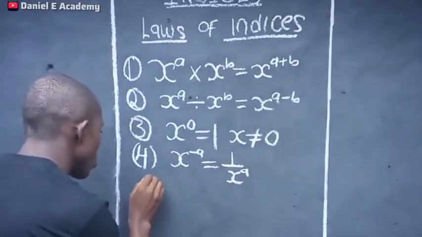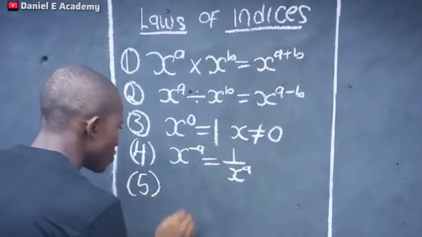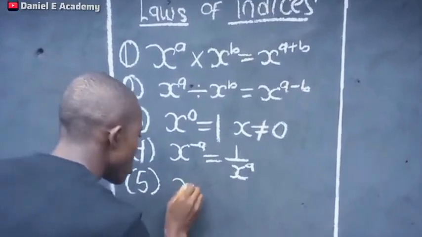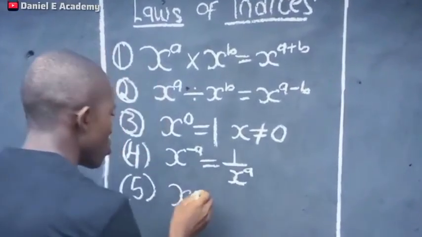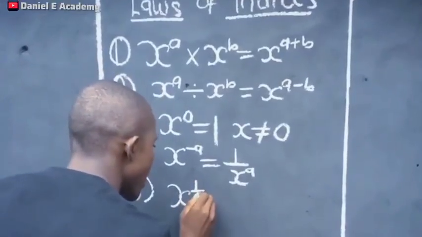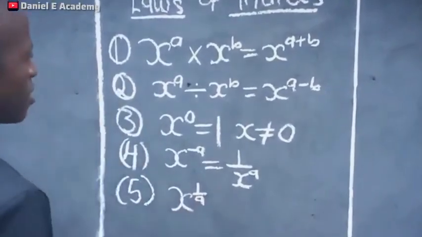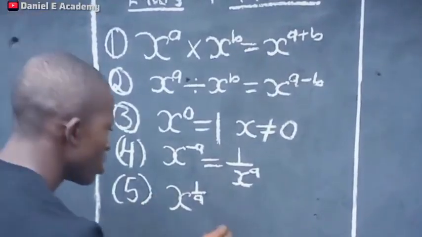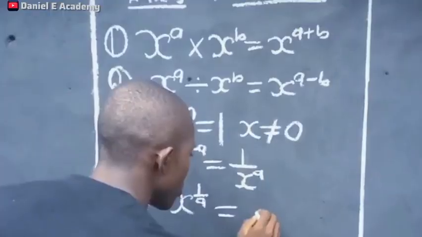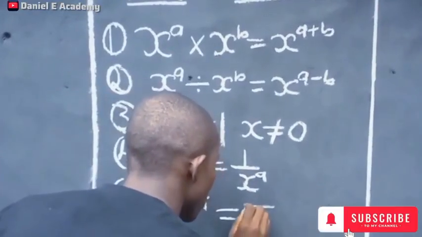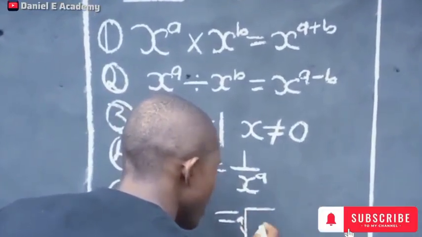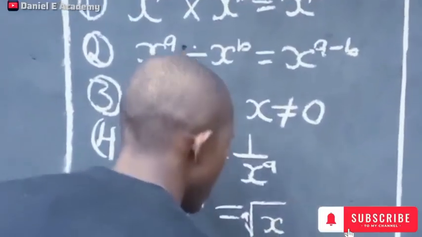So the 5th law, x to the power of 1 over a gives us the a-th root of x.